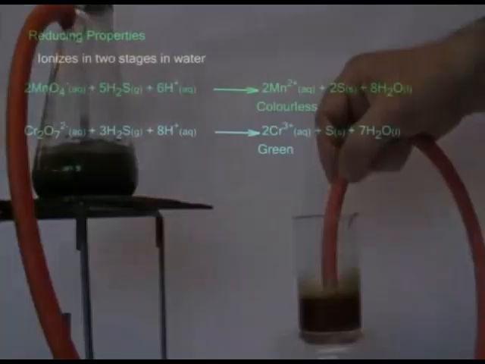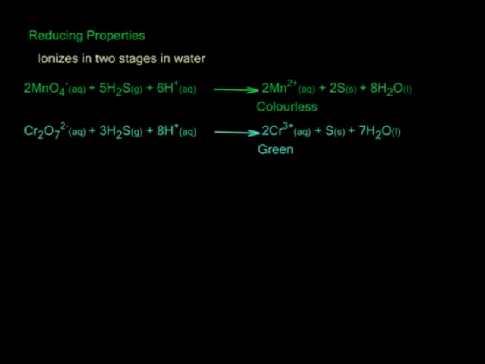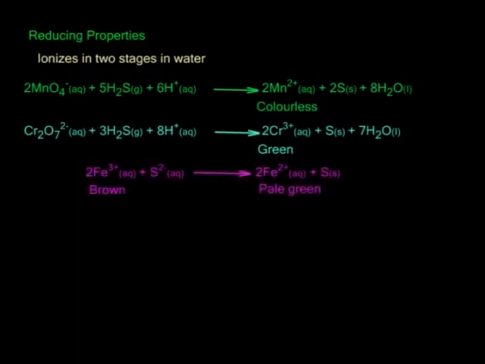When hydrogen sulfide gas is bubbled into a solution of iron 3 chloride, the color of the solution changes from yellow to pale green, and this is because the yellow iron 3 chloride is reduced to light green iron 2 chloride. Hydrogen sulfide is itself oxidized to hydrogen chloride and free sulfur.